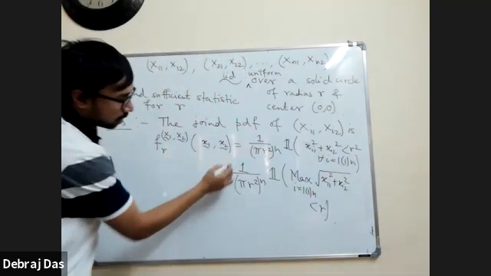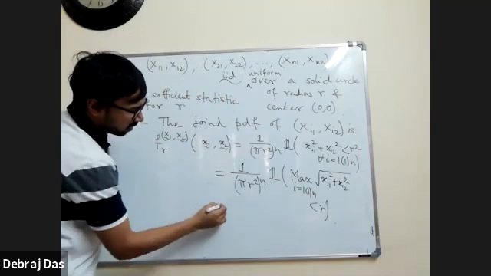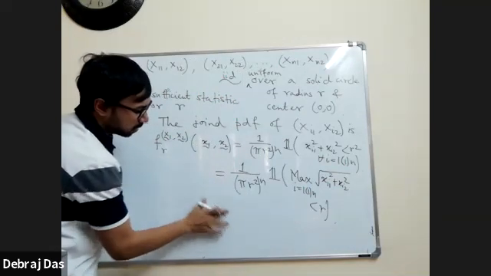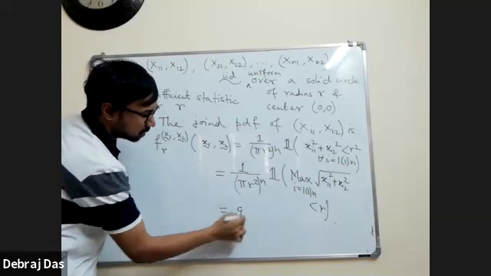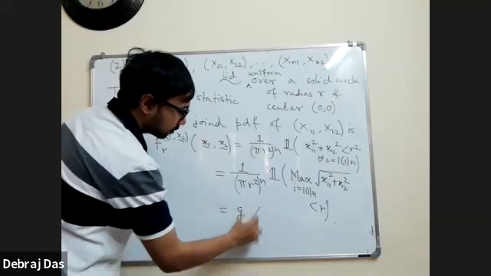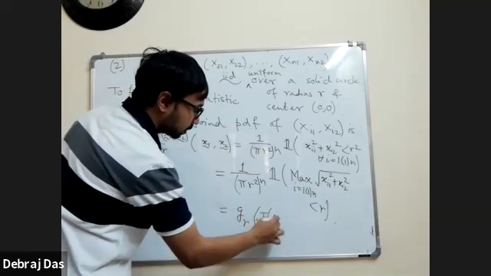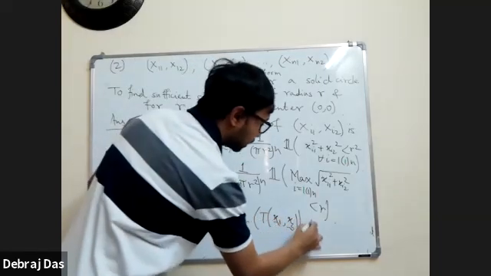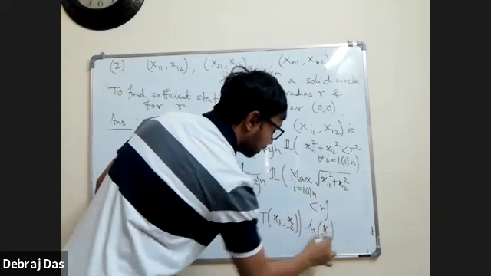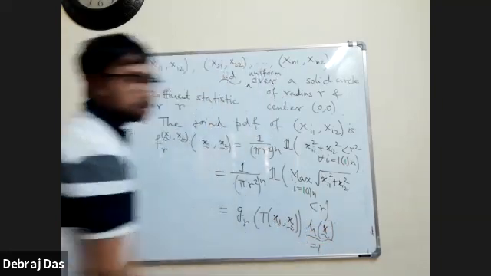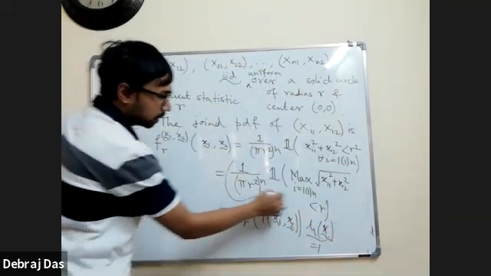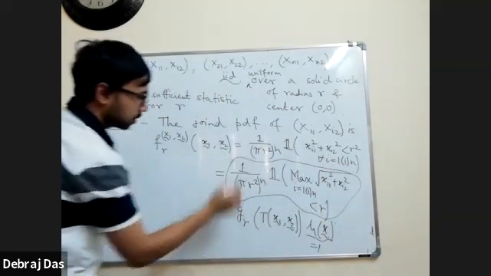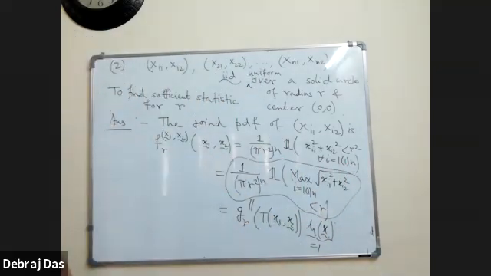Now you can think of this whole thing as g r of T of x1, x2, and h of x. Here this h of x is assumed to be 1. So this whole thing is g r of T of x1, x2.